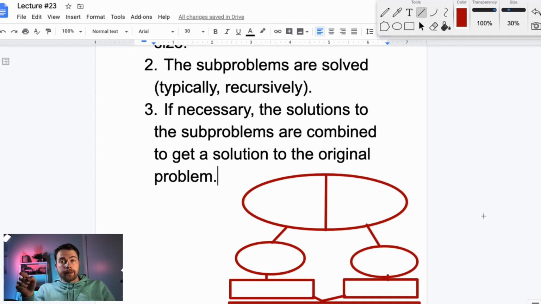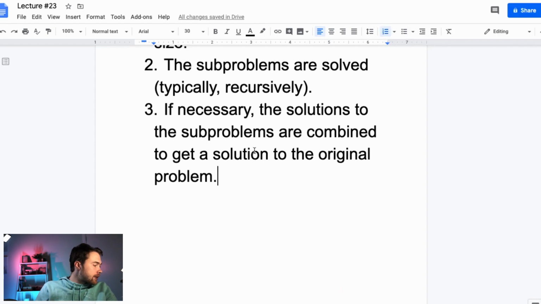In divide and conquer, you split the problem into let's say two pieces or 3 pieces or millions of pieces, and then you solve each one of them. So in decrease and conquer, you solve only one subproblem, and that's enough because you know the relationship. In divide and conquer, you solve each one of them, and then you merge them together, and you get the solution to the original problem. Hope it makes sense. Okay, that's the idea.